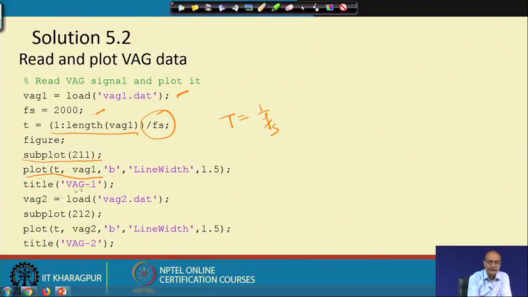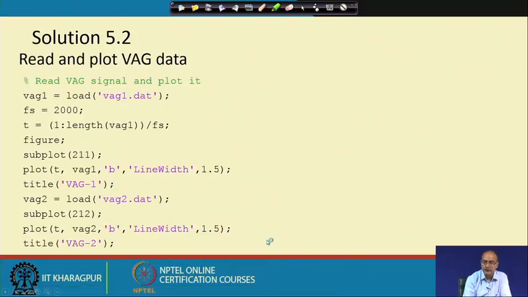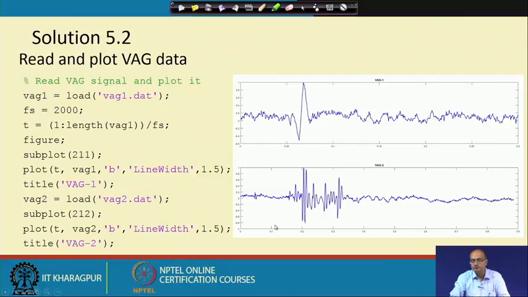Next we have read the VAG2 signal and we have taken the plot of it below. In both the cases we have mentioned the color of the plot would be blue and line width would be 1.5. Okay. So, that is the extra information that is given here. So, here we see the plot on the right hand side.